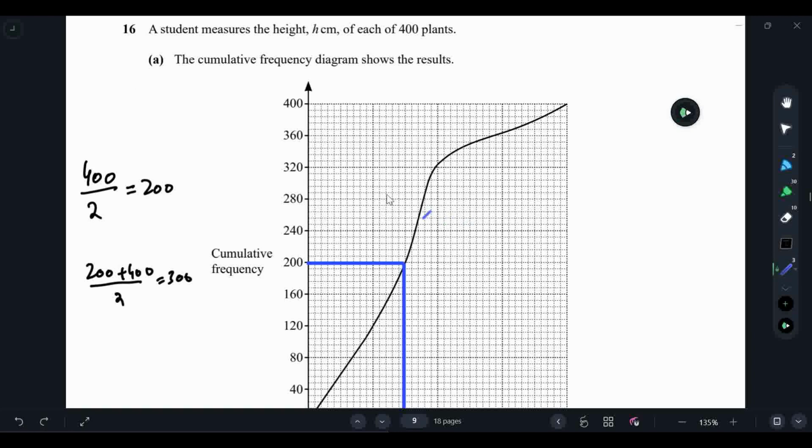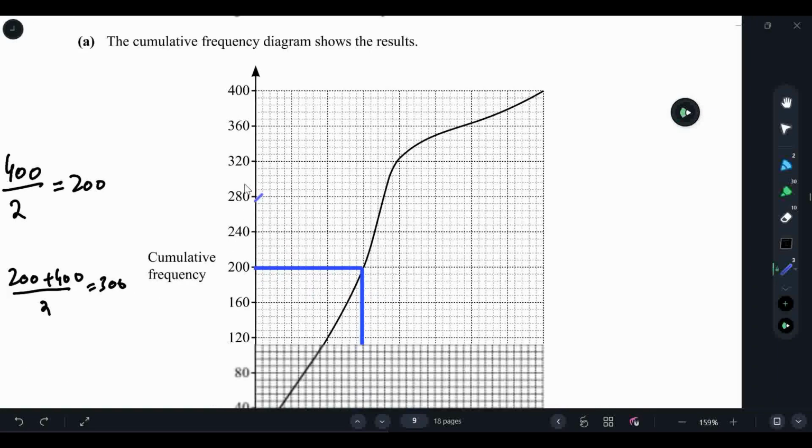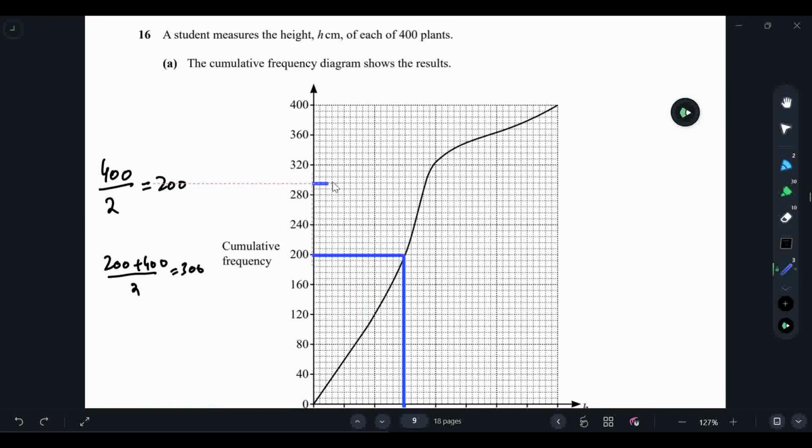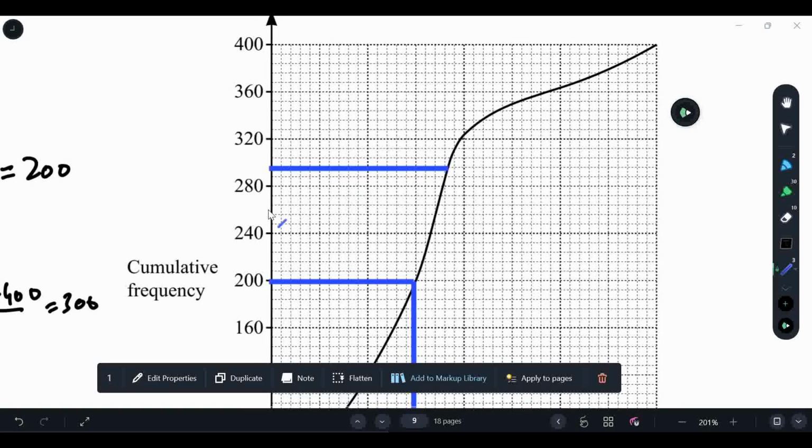We need to see that 5 boxes means at 2.5 we have to draw a straight line, moving upward, and at 300 we need to see the corresponding value.